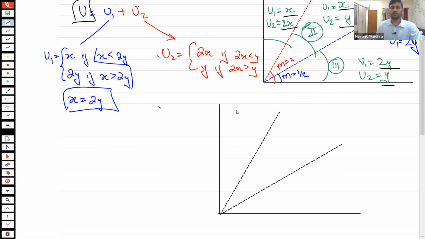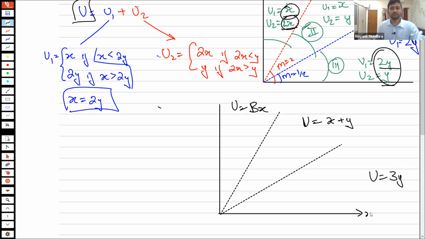Okay. And in this region, your utility is just the summation of these 2 things, so that is 3x. In here, your utility is the summation of x and y, so that is just x plus y. And in here, your utility is the summation of these 2 things, so that is 3y. Okay, so that's how things stack up: 3x, x plus y, 3y.